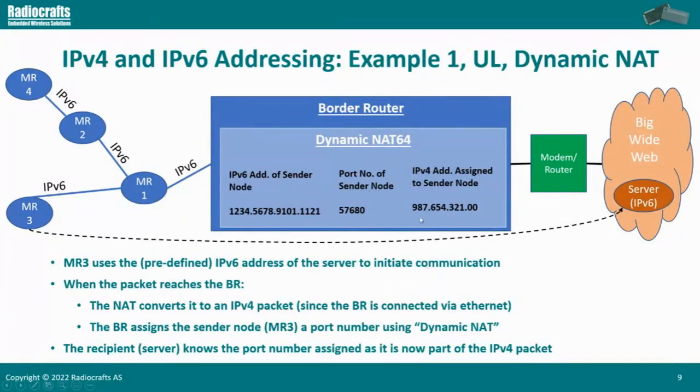So what the NAT table did was that it assigned that mesh router node a port number and an IP version 4 global IP address. And then the packet is routed to its destination. So all this is in the case of uplink.